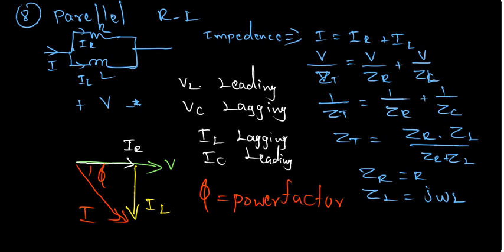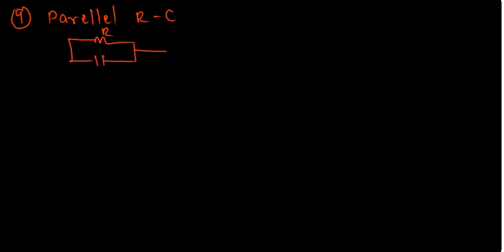So the ninth one is the parallel RC circuit. The parallel RC circuit has a resistor and a capacitor over here, same as the parallel RL circuit, with IR and IC.